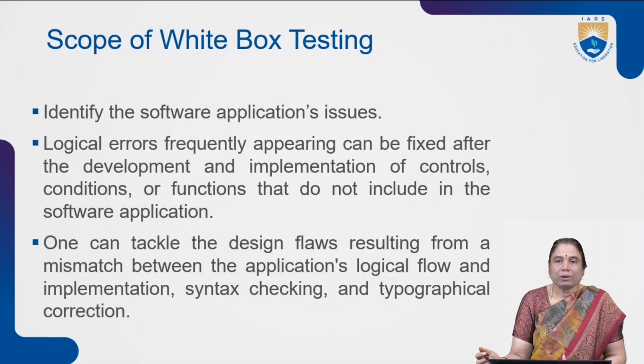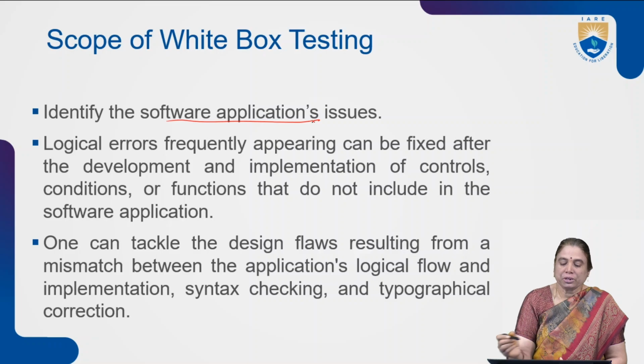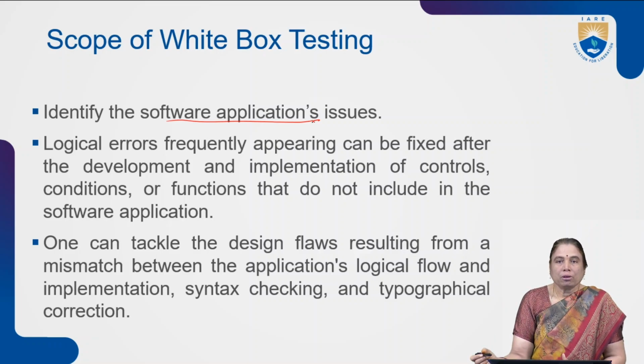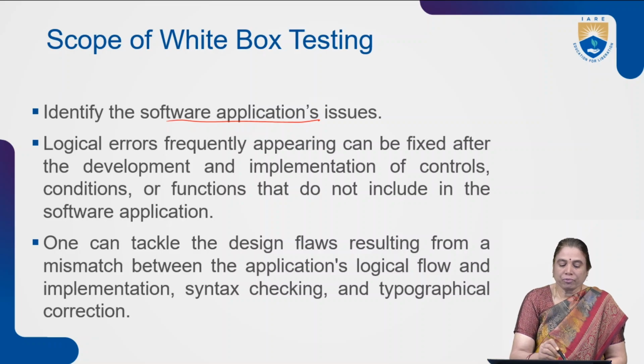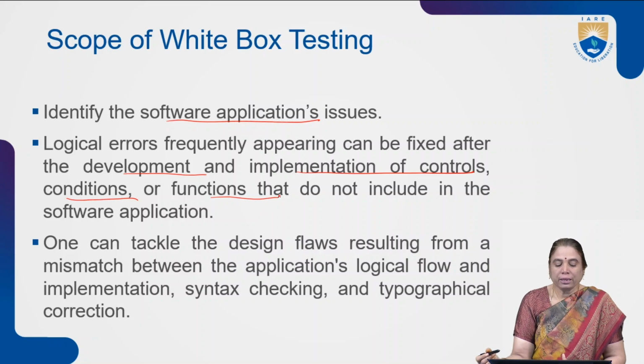The scope of white box testing is to identify software application issues and logical errors, which can be fixed after development and implementation, including control conditions and functions that are not included in the software application.